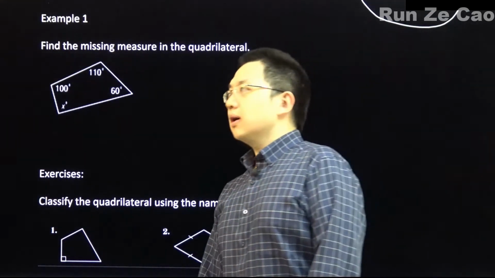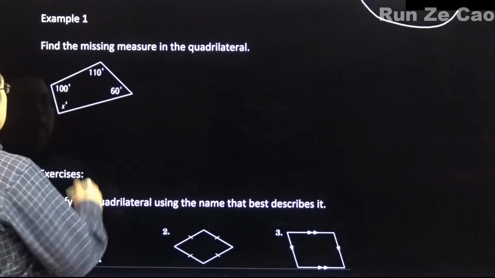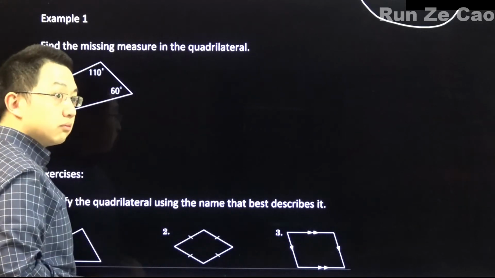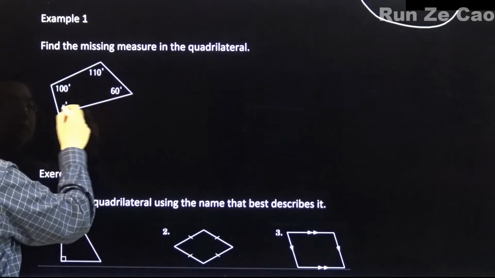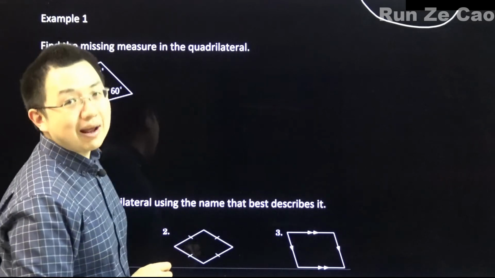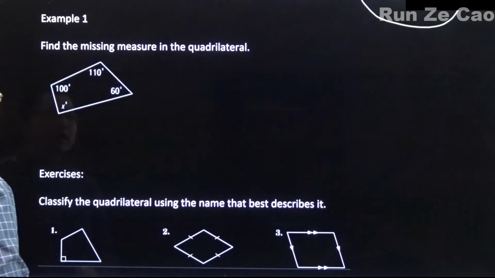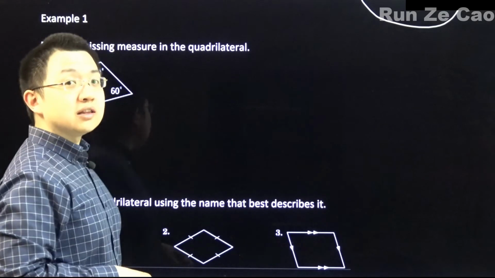Hey guys, what's the internal angle sum of a quadrilateral? Well, we can cut it into two triangles, and all those triangles' internal angles would be part of the quadrilateral's internal angles, and they wouldn't overlap. Okay, that's 180 degrees plus 180 degrees, so 360 degrees.